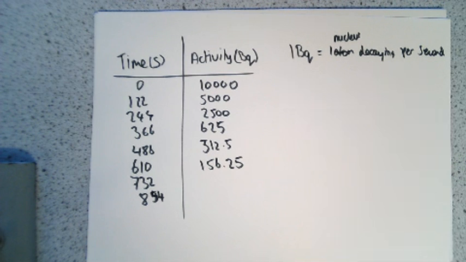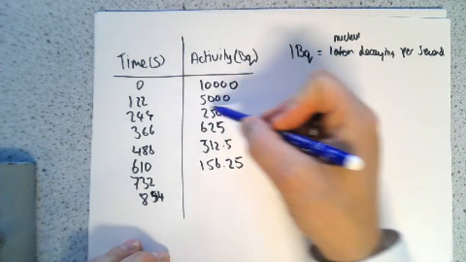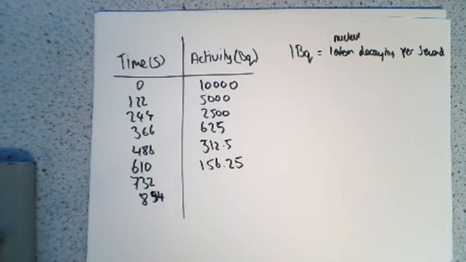You could be asked to work out the half-life. So the time taken for the initial activity to fall to half of its original value. Started there, half's there, read across, 122 seconds. So it's no different to anything with a graph. It's just using table data.